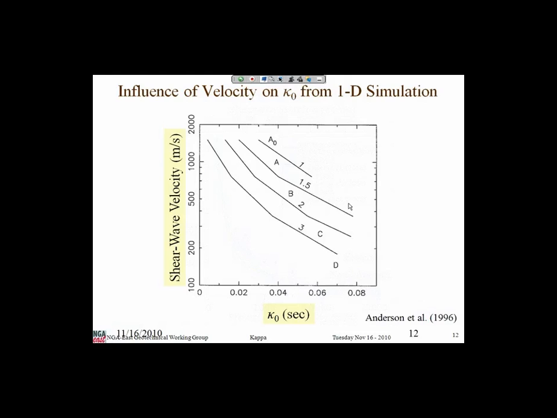John Anderson at one point did a nice little paper in 1996, and he was trying to really put a kibosh on the concept of VS30, because he really knew, from a seismological point of view, VS30 is just the upper thin layer of the Earth, and how that could possibly be related to amplification in the crust.